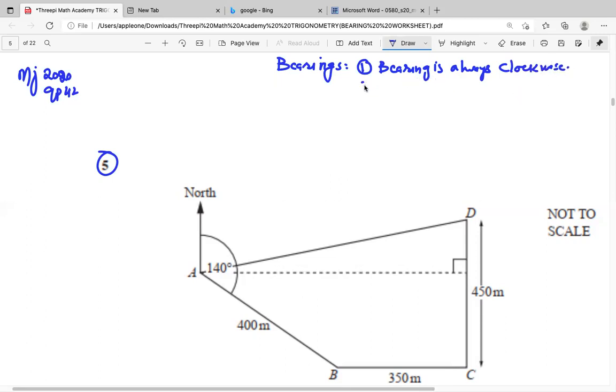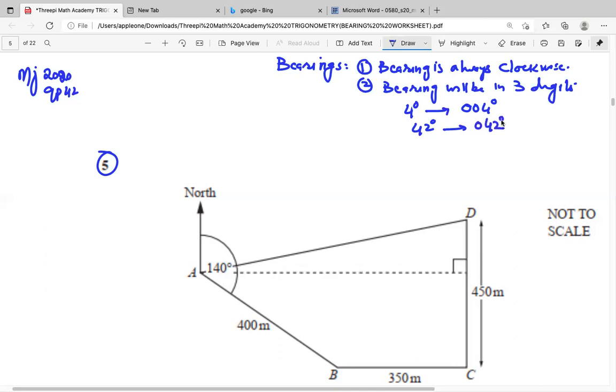Second thing, bearing will be in 3 digits. Like if your bearing is 4 degrees, you will write 004 degrees. If bearing is 42 degrees, you will write 042 degrees.